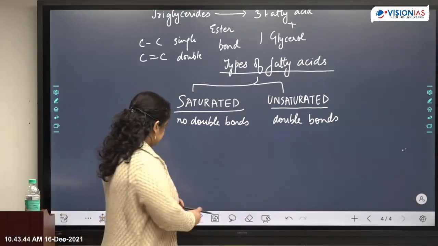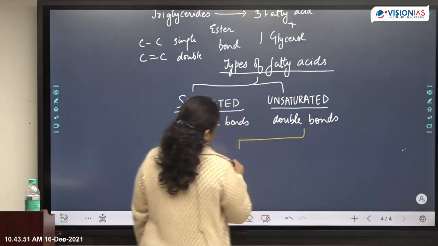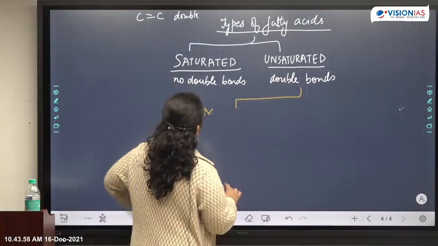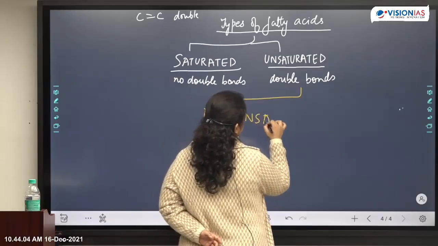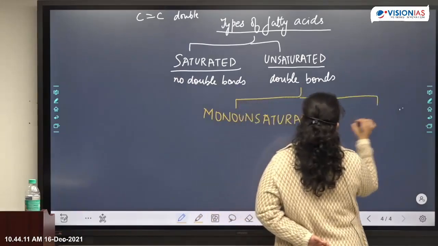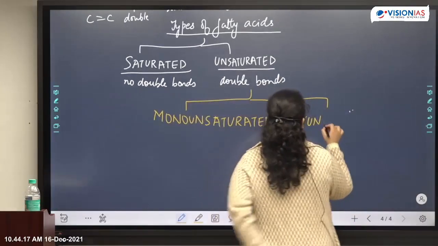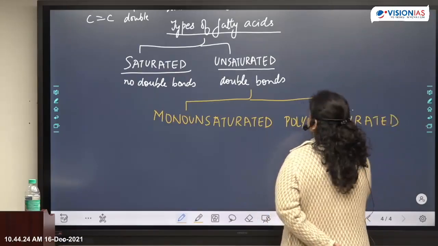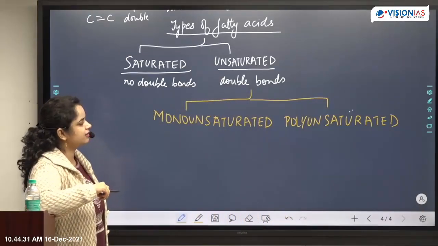When we talk about unsaturated, we can further categorize them into two types, depending on how many double bonds are present. Monounsaturated, polyunsaturated. So monounsaturated, polyunsaturated.